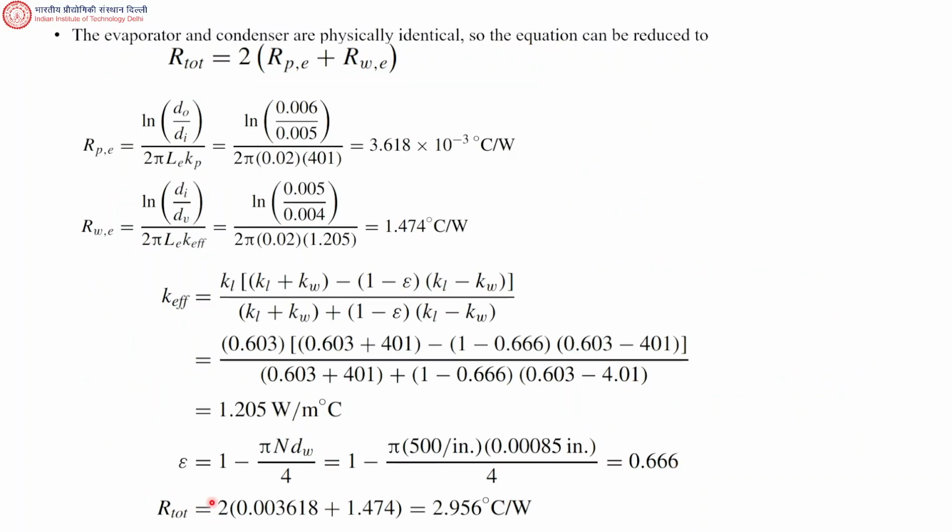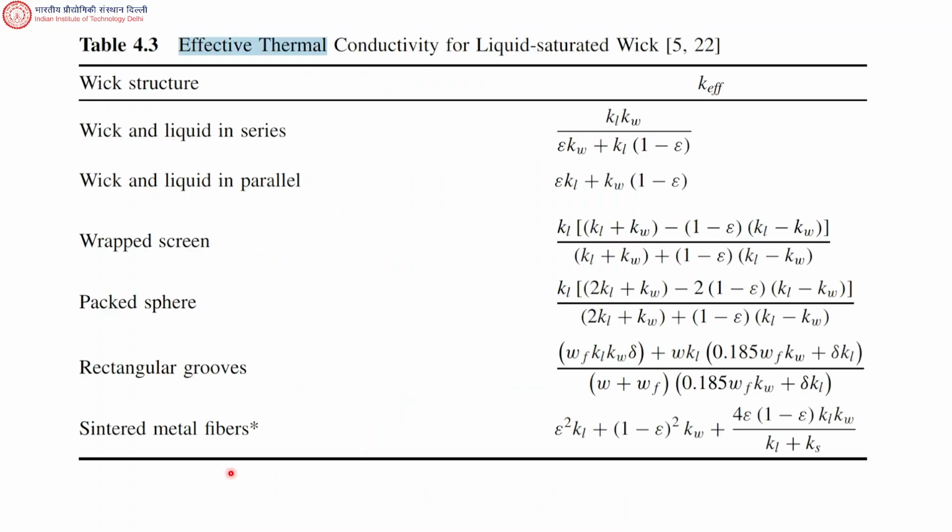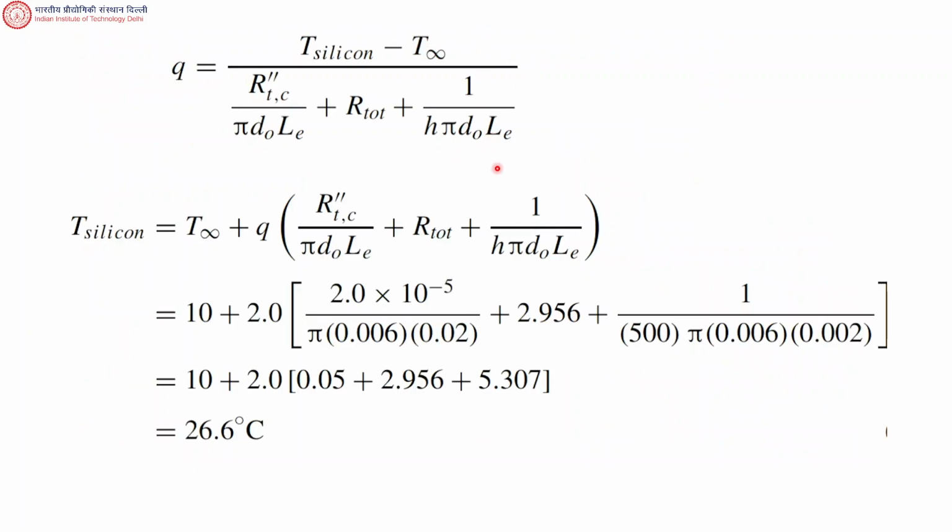Okay. So what have we got here? We have got our total, correct? But we're interested in the heat flow, and heat flow is given for this problem. Okay. Actually, we are interested in the silicon temperature, right? There is a silicon casing in which we are placing the heat pipe.